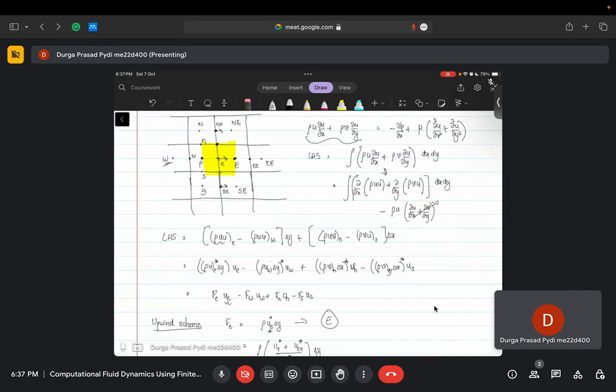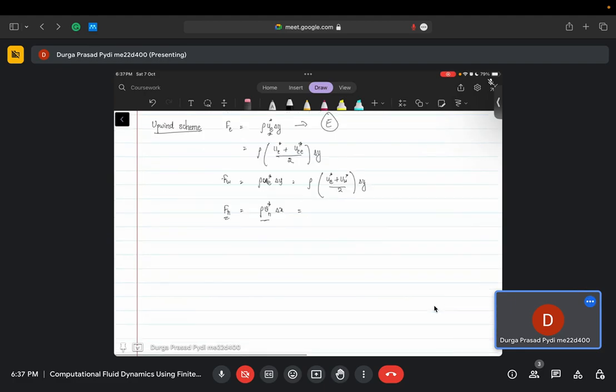East and northeast faces are actually storing my u values, right? Fn essentially has a v component. Fn is the flux along the horizontal face, so your velocity should be perpendicular to your face. You should have your v component. So this is your face, and you should have this velocity like this.